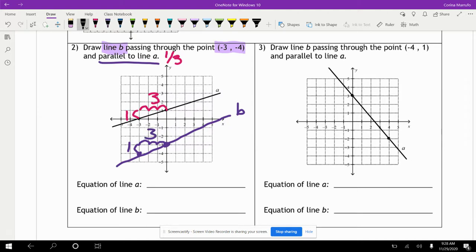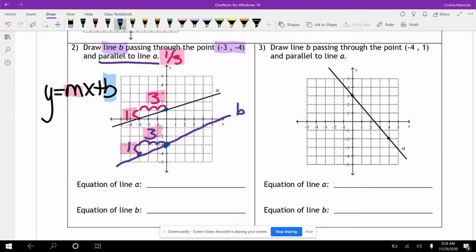So the formula to write the equation of the line is y equals mx plus b. And for m, we're going to find m by using the slope. So we know the slope of both of them is 1/3. And then we have to find b. B stands for the y-intercept. So if we look here for y-intercepts, our y-intercept for line A is 1.